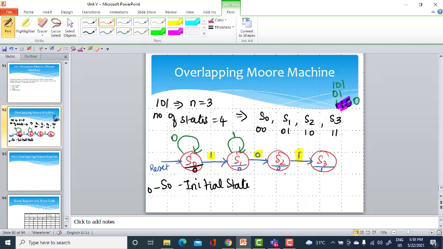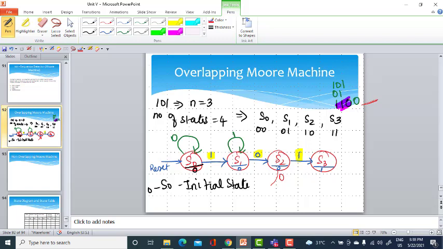So now you are in state S2 after receiving 1, 1, 0. Now you are receiving 0 again. When we receive 0, where do you need to go? Again you need to start fresh, because we don't know what will appear in future.